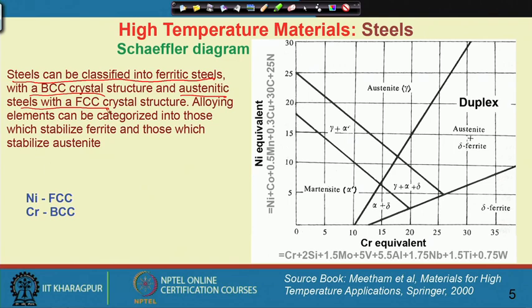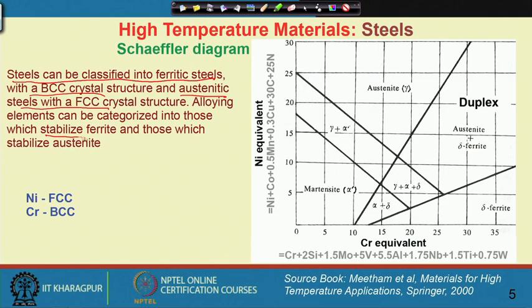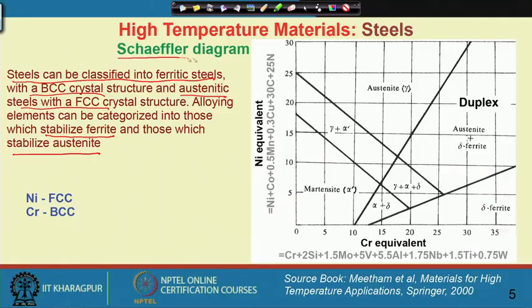It is very clear. Now, the alloying elements can also be categorized as ferrite stabilizers or austenite stabilizers. However, to understand this, we need the help of a diagram which you may have already learned in physical metallurgy classes, called the Schaeffler diagram. What does this diagram say?